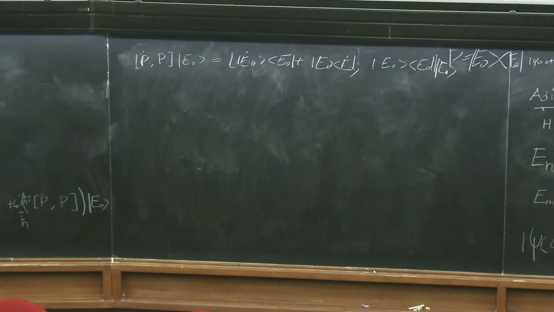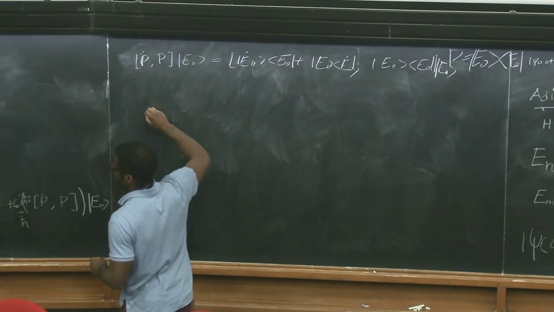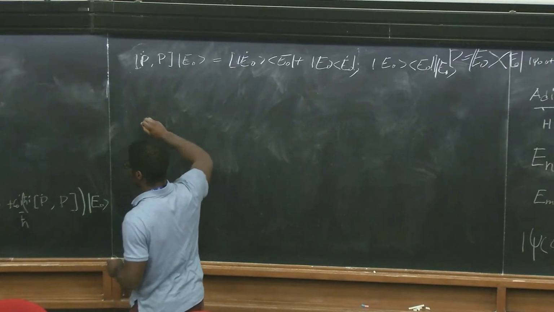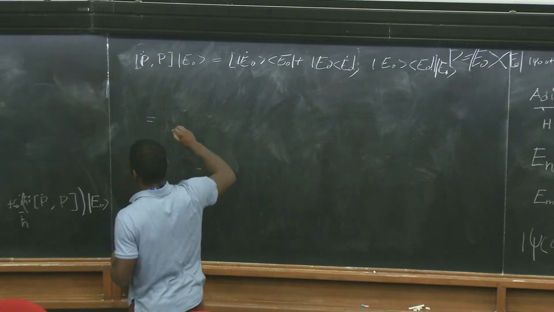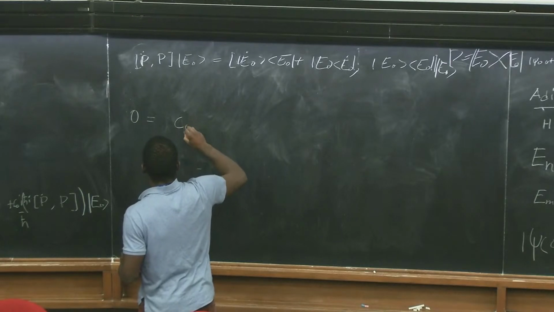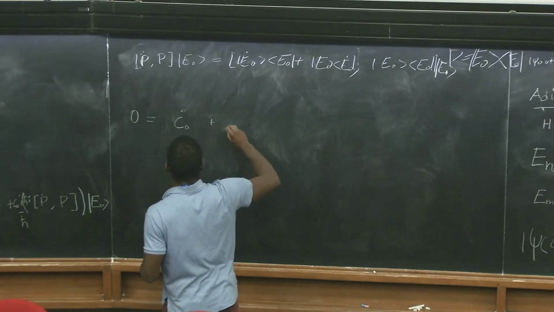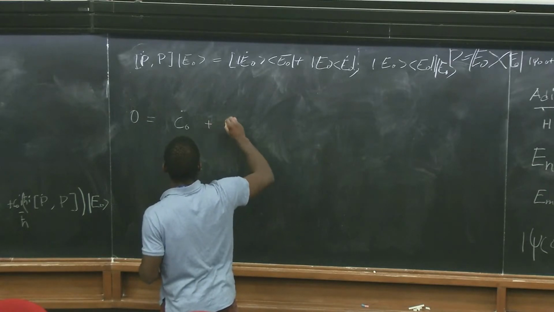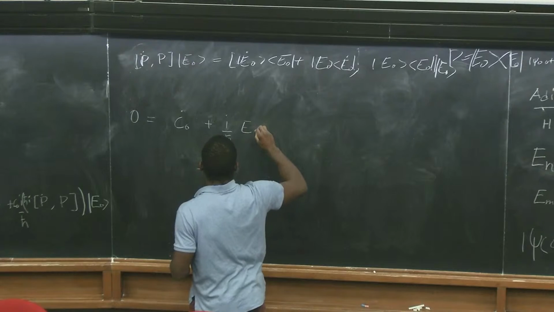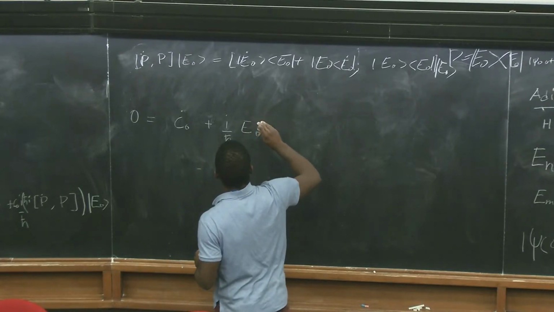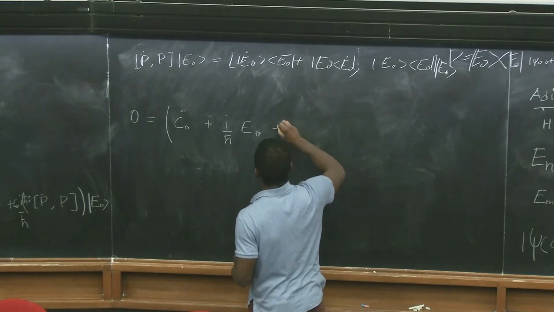When you insert this inside here, the Schrödinger equation, which should be 0, is going to be actually C dot is 0 plus E H bar is 0, and this is going to be plus.